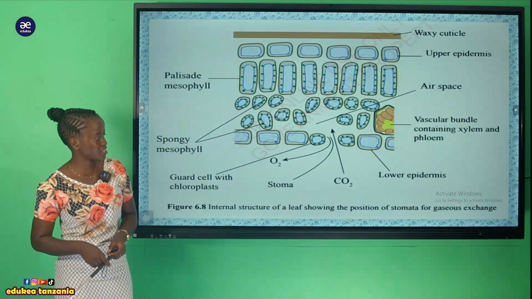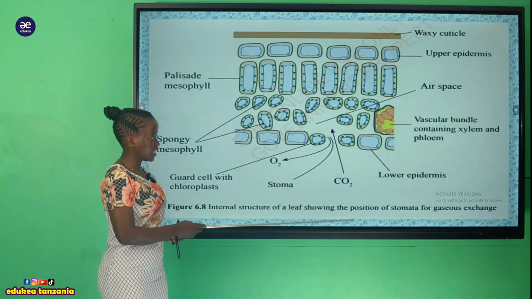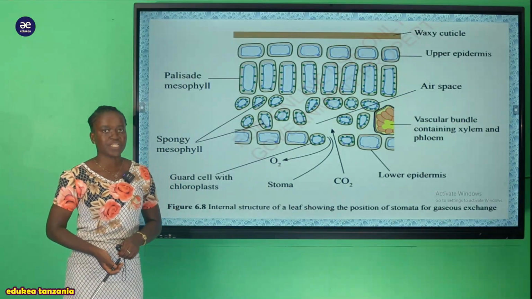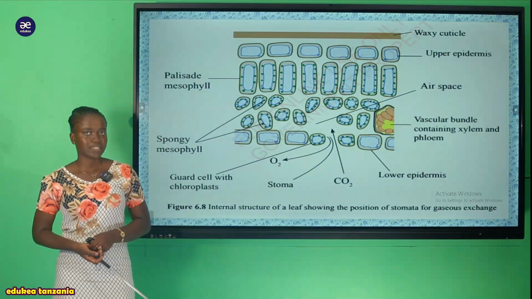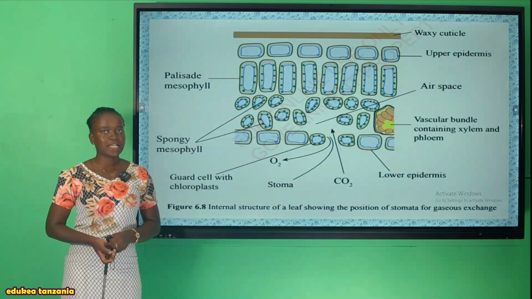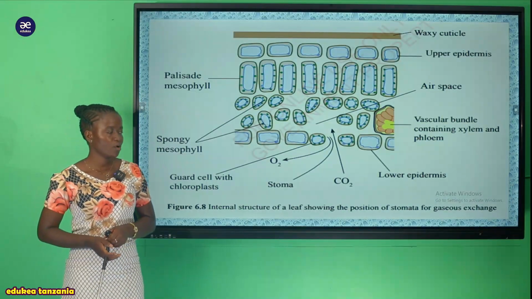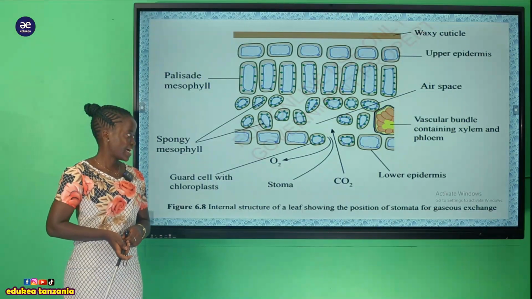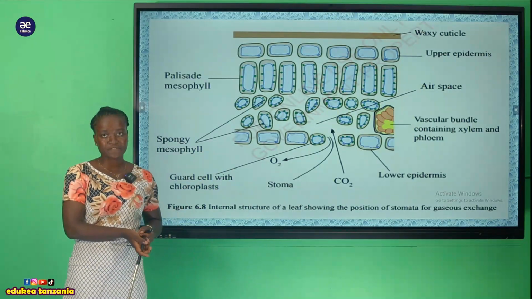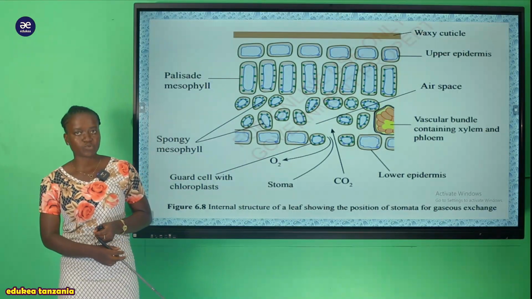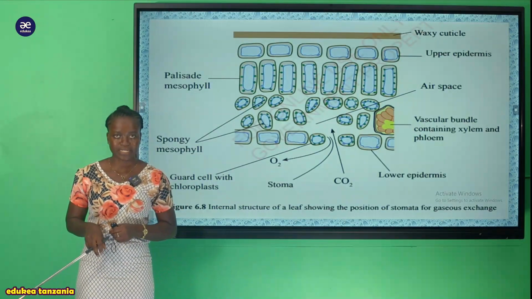So now there is importance of knowing the leaf for the exchange of the carbon dioxide and the oxygen. In order for the exchange of carbon dioxide and the oxygen within a plant, there must be the presence of a leaf, whereby within the leaf you can find the stomata.